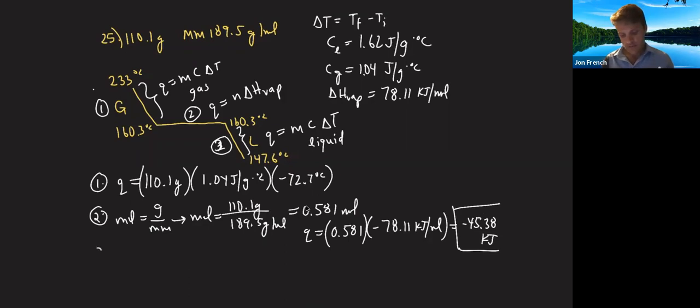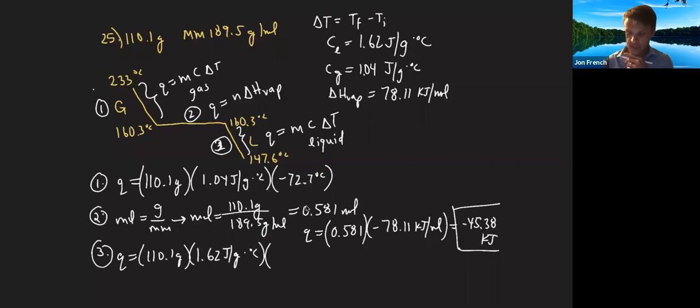Step 3, we're back to Q equals MC delta T. My mass is still 110 grams. I'm just no longer a gas, I'm in the liquid phase. I want to use the heat capacity of the liquid, which is 1.62 joules per gram times degrees Celsius.